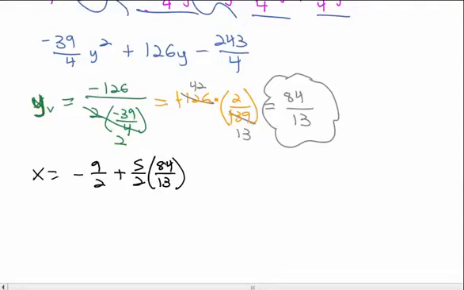We're going to need to get a common denominator of 26. So let's multiply by 13 also the other fraction.